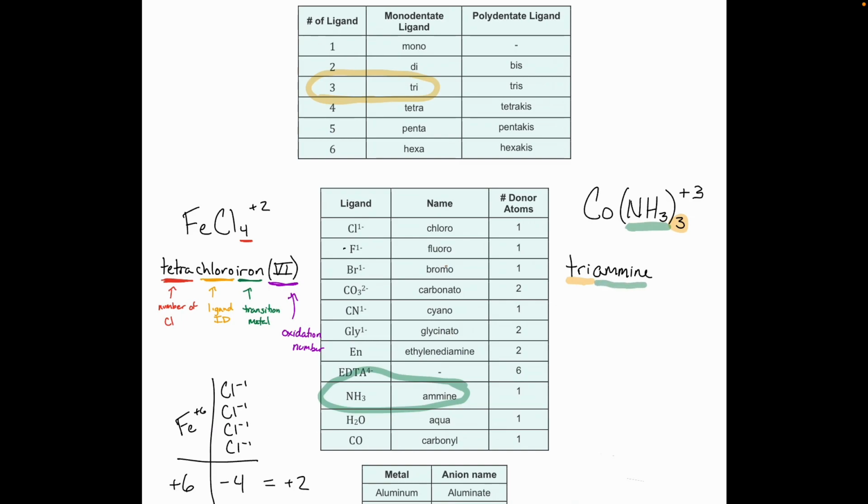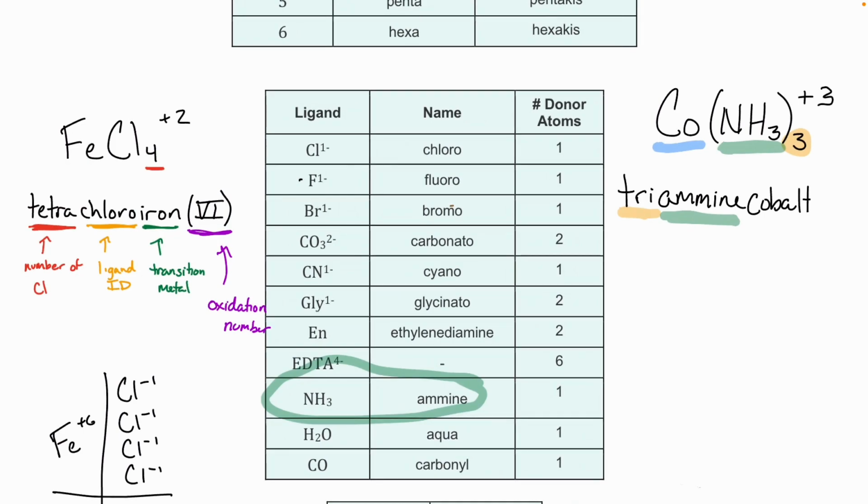My metal, CO, is cobalt. All right, and then the oxidation number on this cobalt would be 3, right? It's a neutral ligand, so it's just going to be the same as that net charge. So triamine cobalt 3.